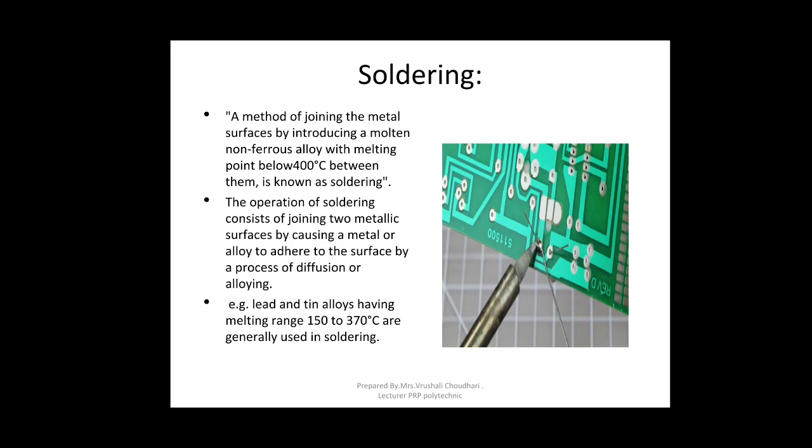The operation of soldering consists of joining two metallic surfaces by causing a metal or alloy to adhere to the surface by a process of diffusion or alloying. We are using a tin and lead alloy which has a melting point of 150 to 370 degrees Celsius for the soldering process. Here we are using this wire. With the help of soldering, we are able to complete the circuit.